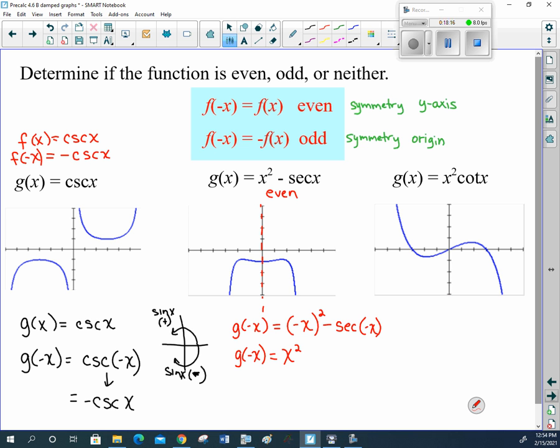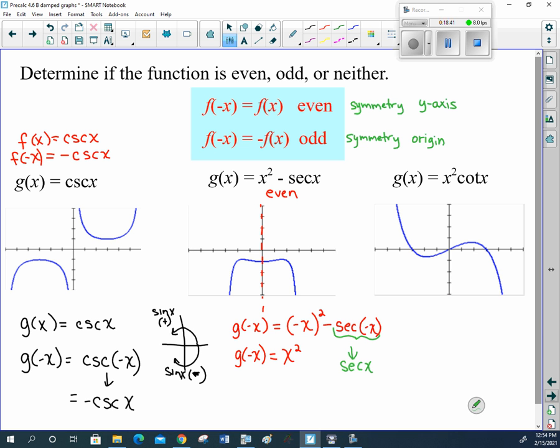A negative raised to the second power is still a positive. Negative times negative is positive, so that's x squared. So this one right here, secant, we've got to know what this one is equivalent to. Secant of a negative x. Well, secant of negative x is the same thing as secant.